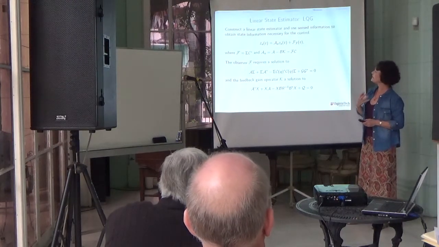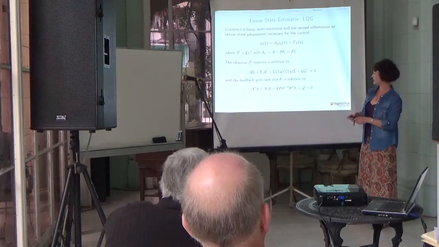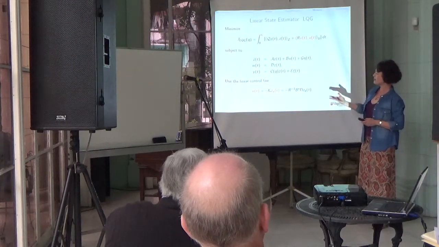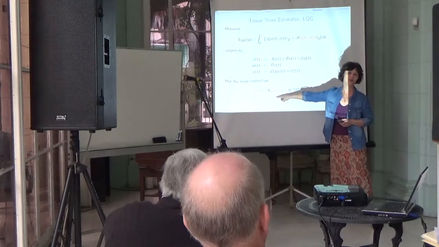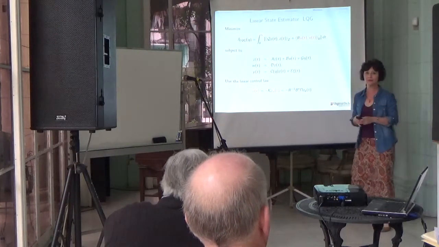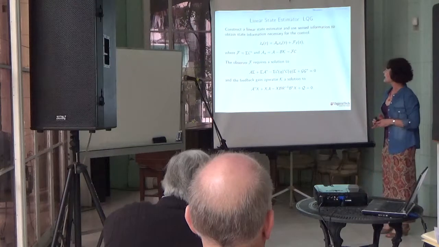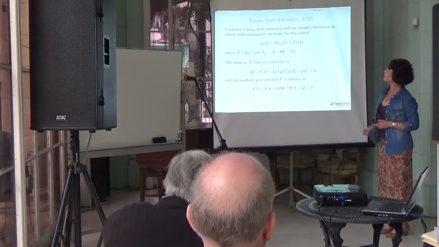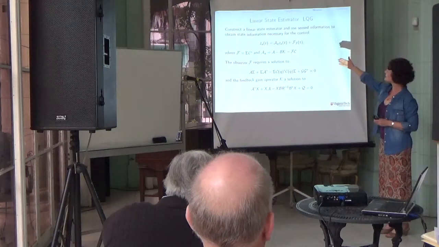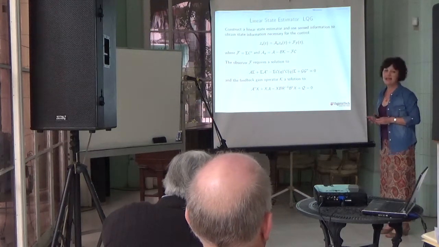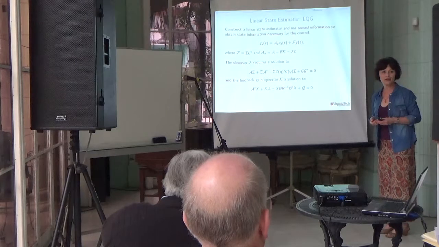And you can imagine that where I get that information, just back here, where I measure Y, will have an influence on how good this is. And we want that to be as close to the system as we can. Now to calculate those two operators, the linear dynamics of the state estimate and this input operator F, we have to solve two algebraic Riccati equations.